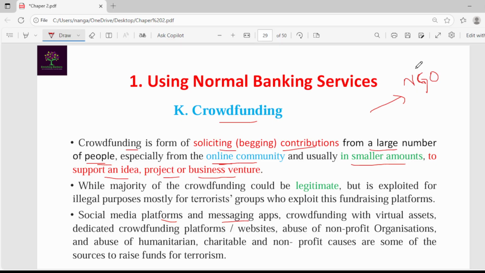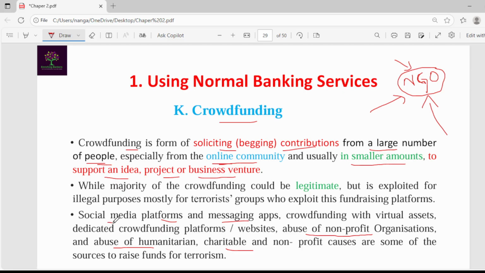Generally, common people on humanitarian grounds feel for the orphanages, and they contribute money to those NGOs. So this is the advantage to the money launderers and terrorists. They create NGOs and they abuse humanitarian causes, non-profit organizations and charities.